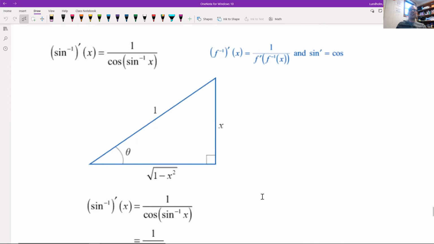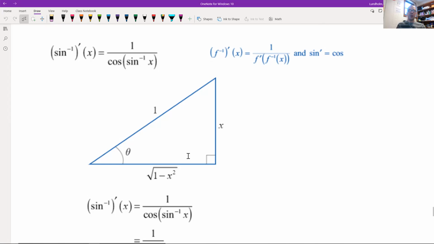So using that formula that we had before, we get the derivative of the arcsine should be 1 over the cosine of the arcsine of x. The arcsine of x asks us, what is the angle where the sine is equal to x?